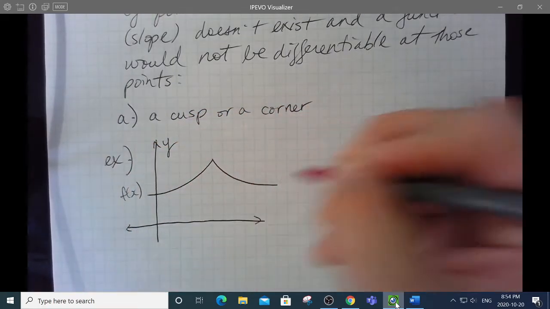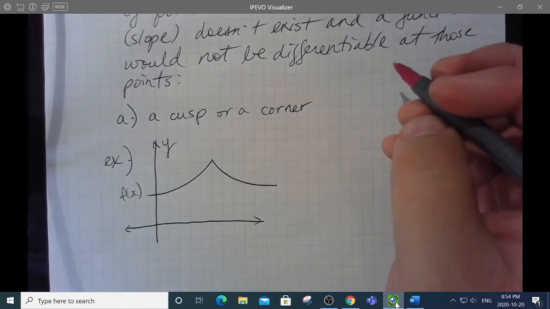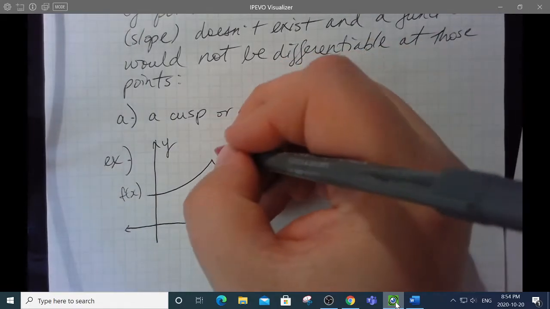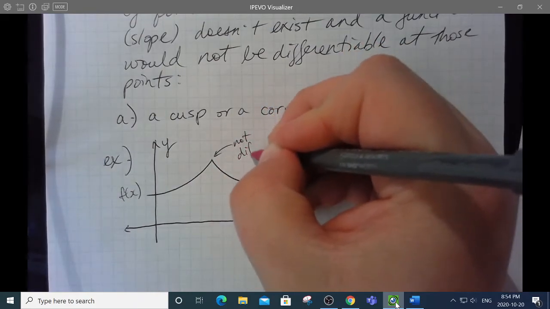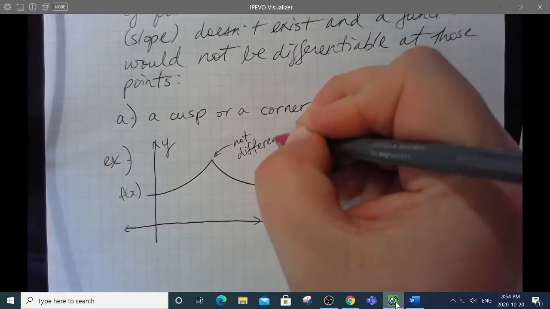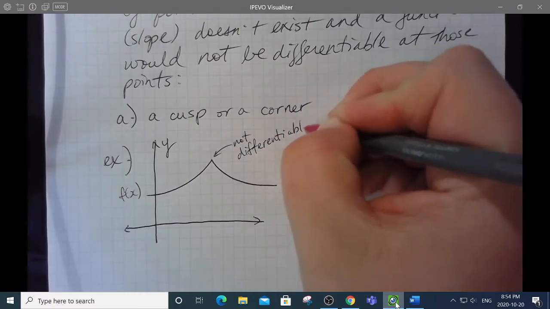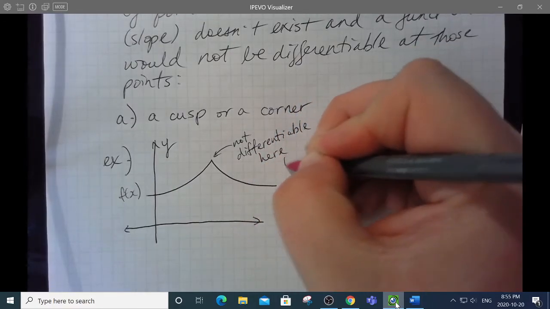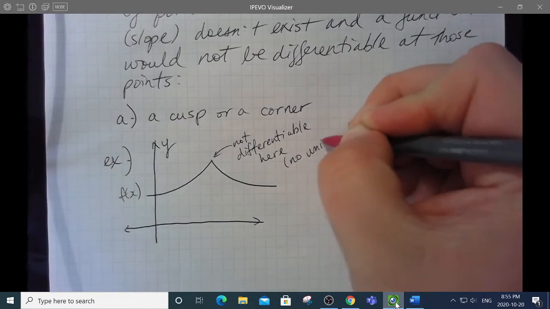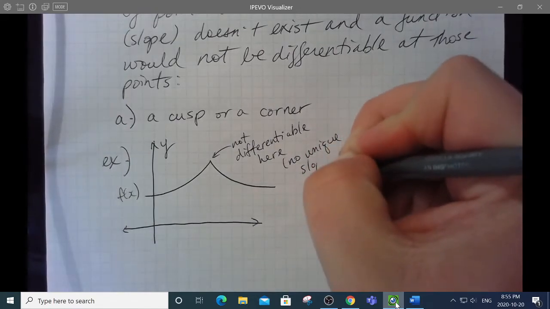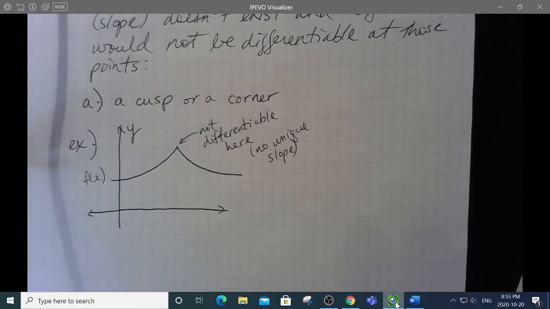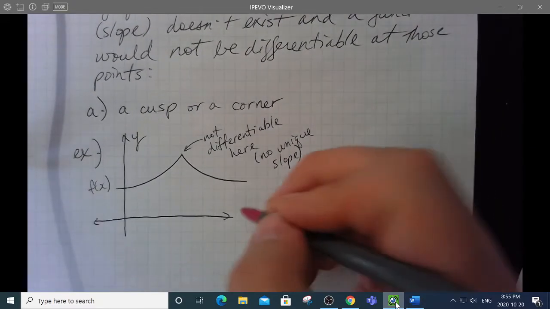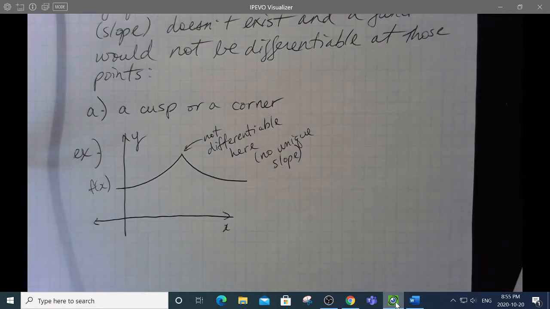It passes the vertical line test, but as you can see, at that point, not differentiable here, because there is no unique slope at that point. Now, if that's kind of a strange looking creature to you, you've probably never seen an equation that looks like that before. But you know, you have seen something sort of similar.